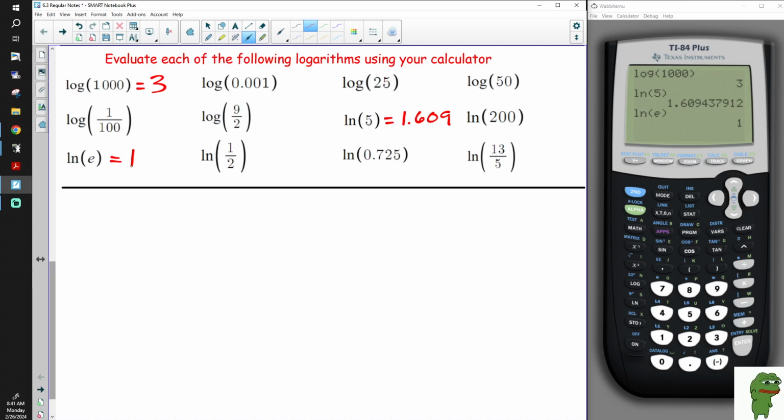Show them both ways. Yeah, 5 divided by 2. Parenthesis, enter. Boom, got it. Yep, 3 decimal places.